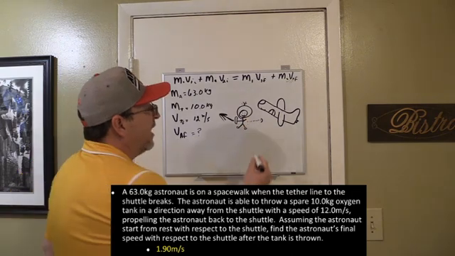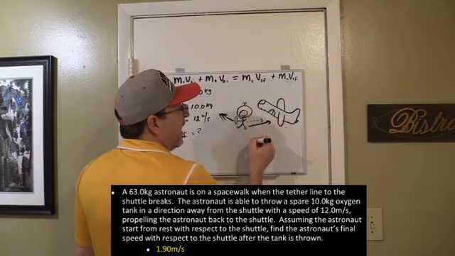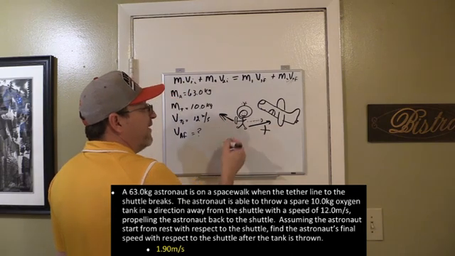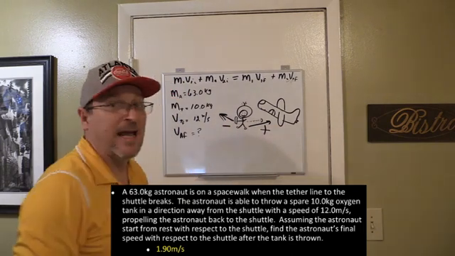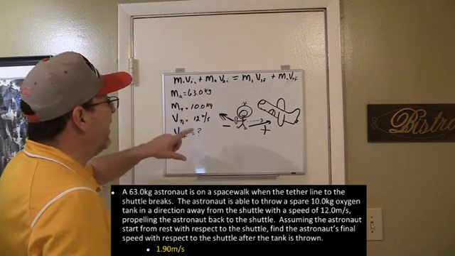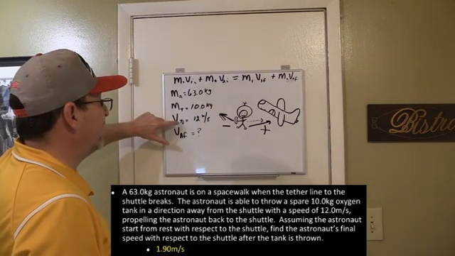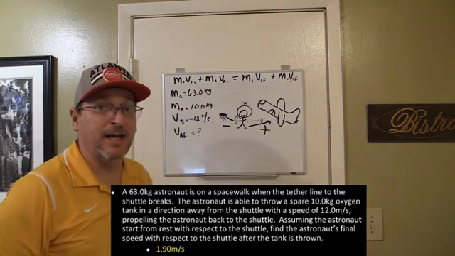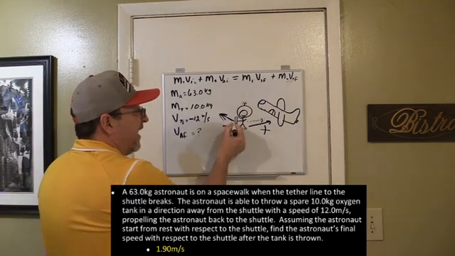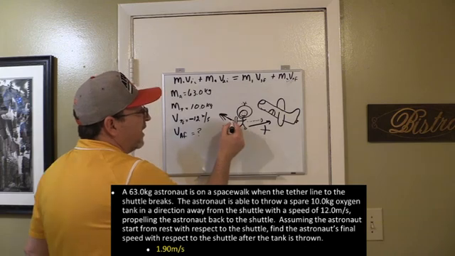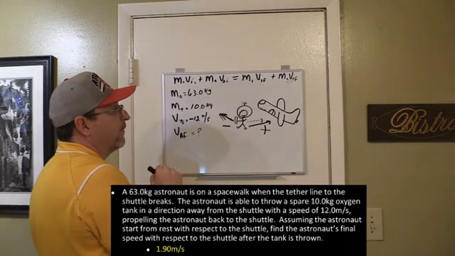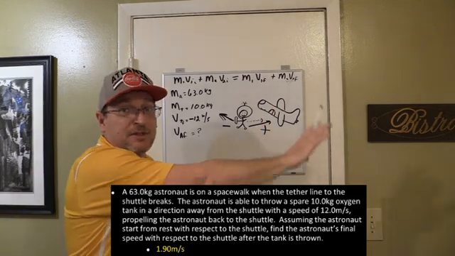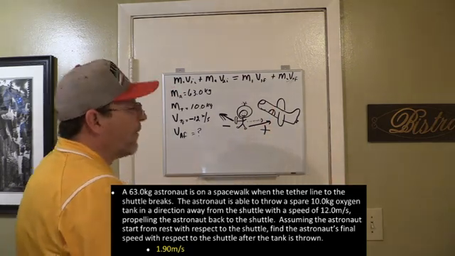In this case, I'm going to say moving towards the space shuttle is positive, and moving away from the space shuttle is negative. That means my velocity of the tank final is going to be negative 12 meters per second, because it's being thrown and traveling away from the space shuttle, whereas the astronaut is going to end up moving towards the space shuttle.